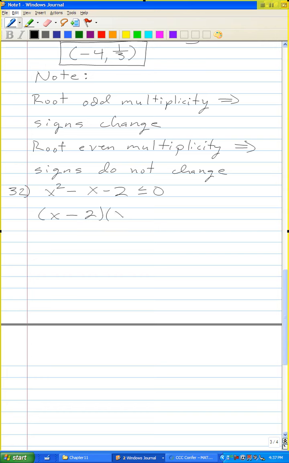And so I'll drop down the parentheses. Negative times negative is positive. I want two whole numbers whose product is 2 and whose difference is 1, so 2 and 1. You put the larger root first. And so now it's in factored form. So let's determine my critical numbers.